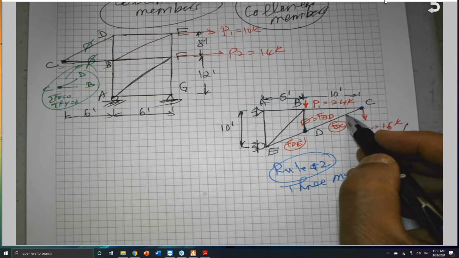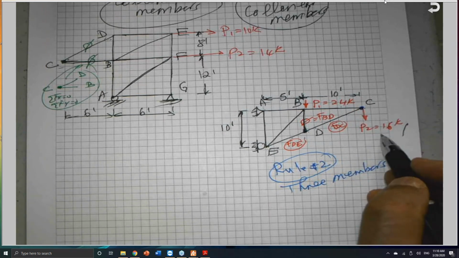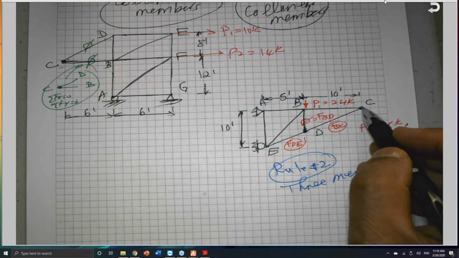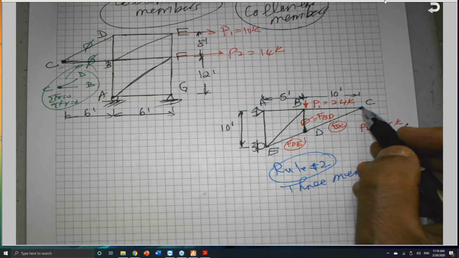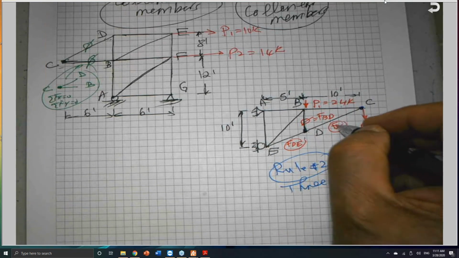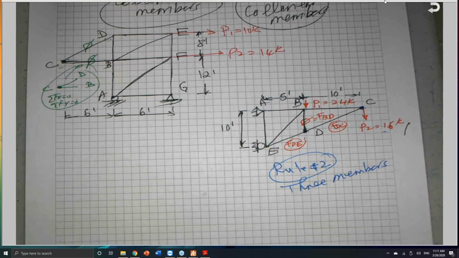So here we have two members forming a joint. Two of them are non-collinear, but I have a load here. So this member exists, the FBC and the FBD, they exist. This member here and this member here, they have forces.